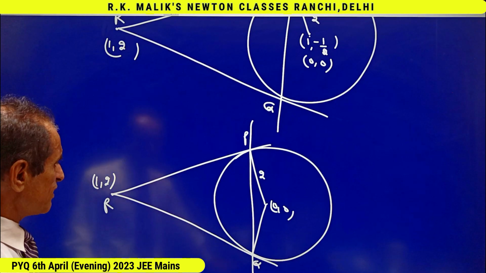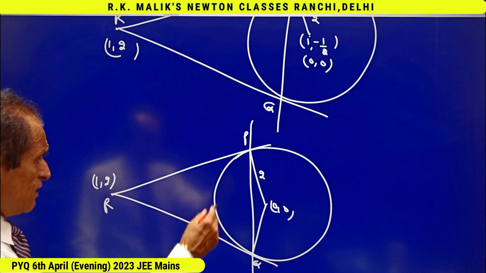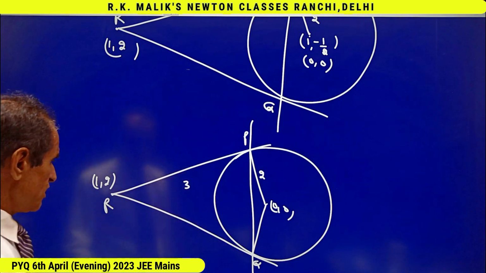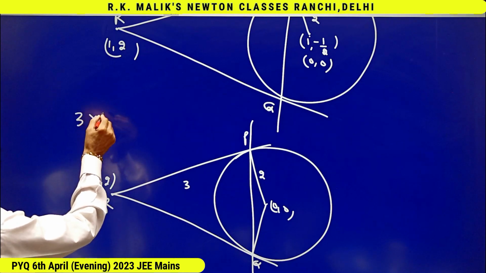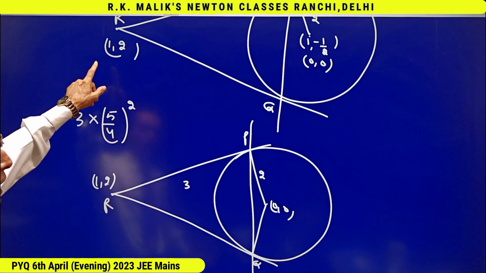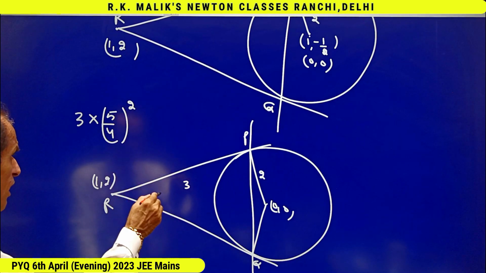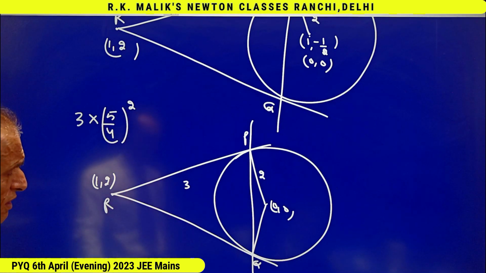Now the coordinates and length etc. are very simple. And now according to new coordinate axis, if the area of PQR is found to be say 3, then the actual area of this will become 3 into (5/4)², because previously I had divided all the x coordinate, y coordinate by 5 by 4, and because it is area, hence I will be multiplying by (5/4)², and then I will get the area of the triangle according to the given coordinate system.